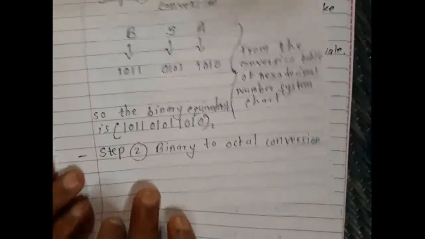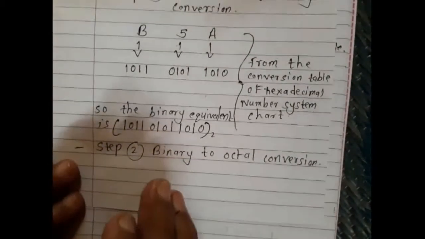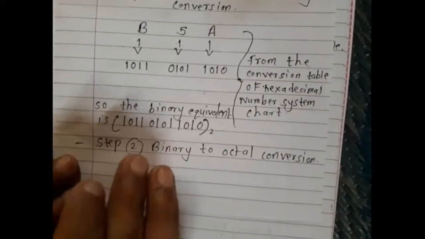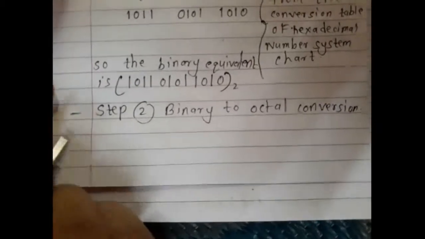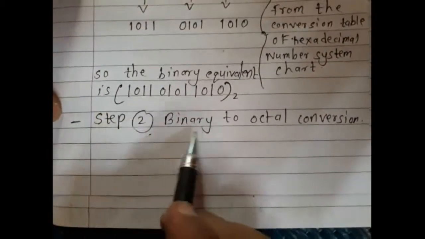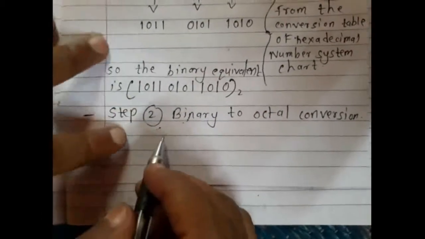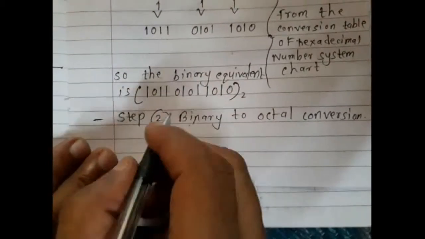Now see here, now we will take groups of 3. This is step 2, binary to octal conversion. We have to take 3 digit groups.